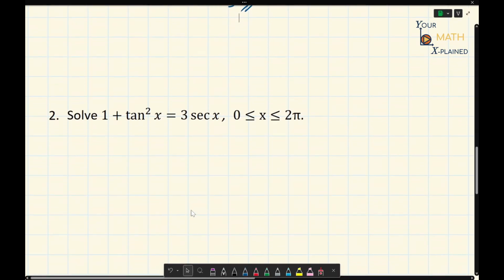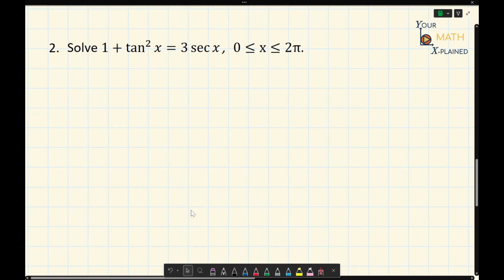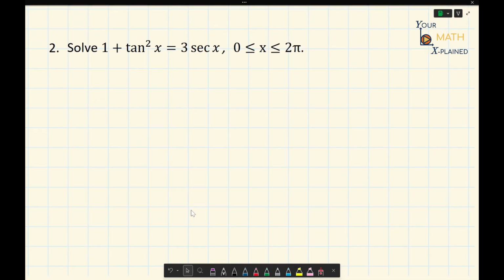For our next example, we're asked to solve this equation here. So using our Pythagorean identity, we know that 1 plus tan squared x is equal to secant squared x. So let's go ahead and replace that. So we get secant squared x is equal to 3 times secant of x.